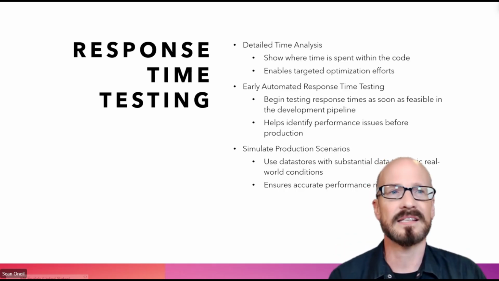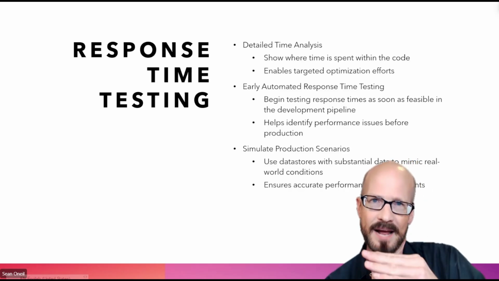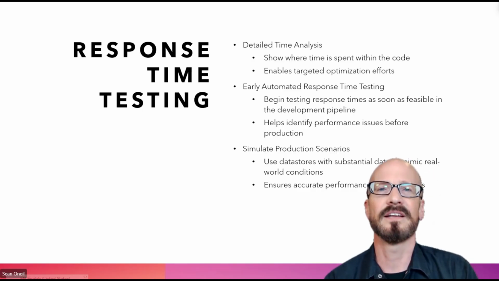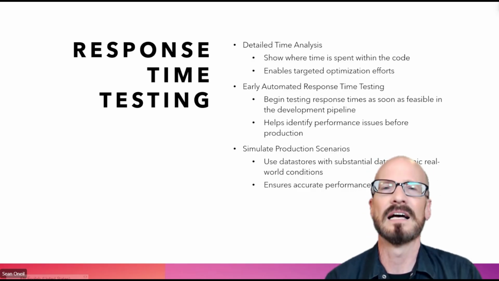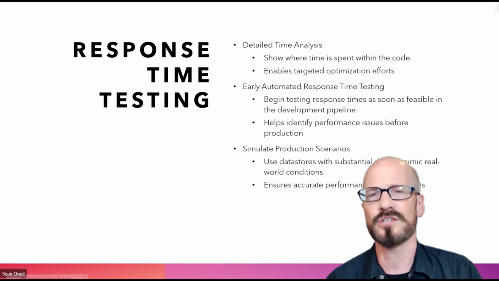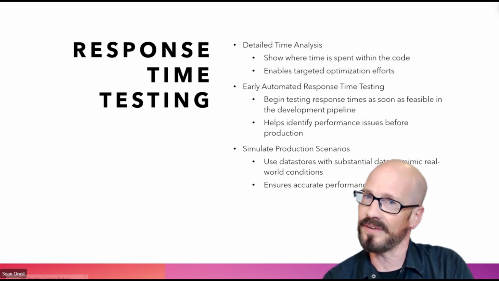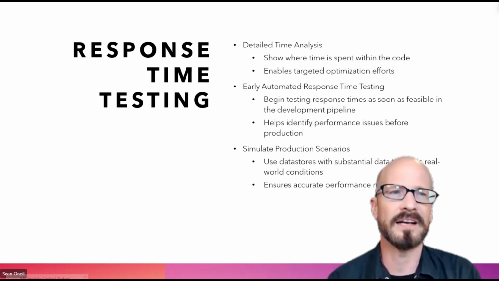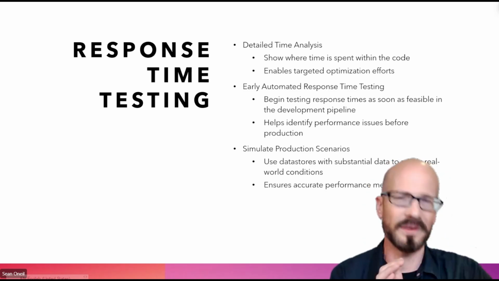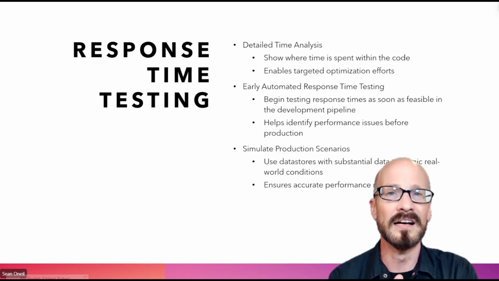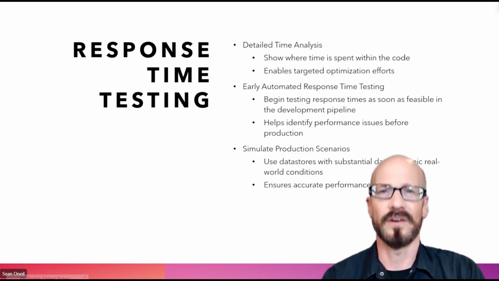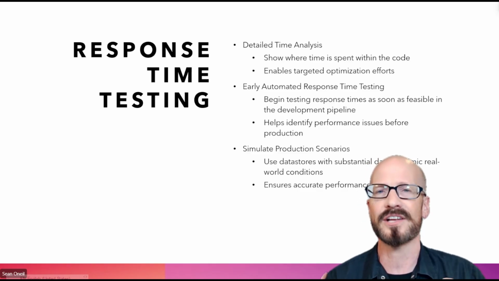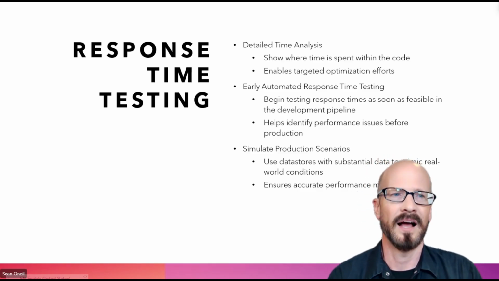When you're doing that automated testing, make sure that you're capturing response time and failing the build if they've exceeded expectations, or if you want to be really fancy, if they've exceeded the baseline. Absolutely important to make sure that you push that all the way into the developer pipeline, once again, so that they're very comfortable with those types of things, and you're not letting performance defects slip into production.